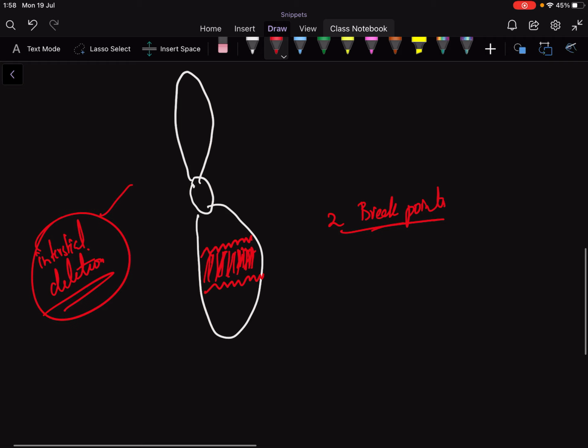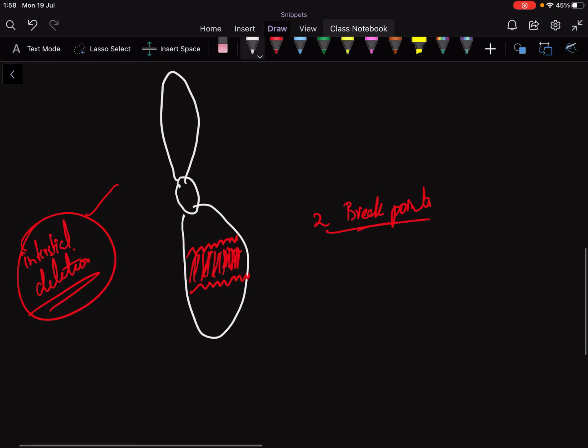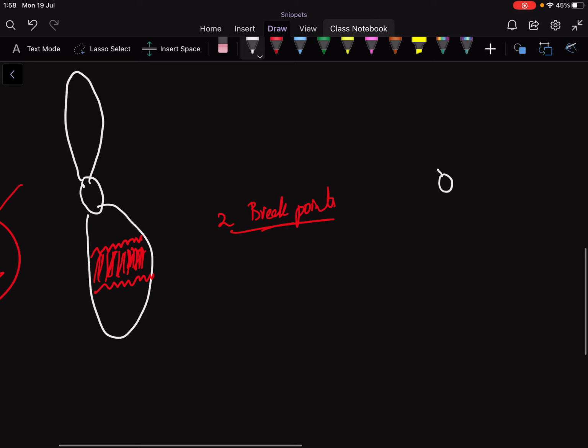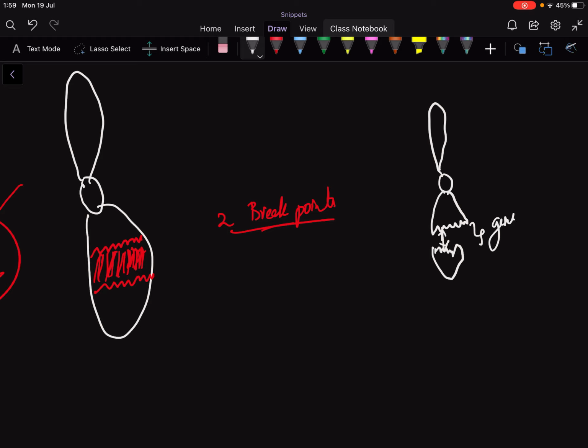And what will happen to this chromosome? It will eventually bind. Suppose here was the breakpoint, and here is the other breakpoint. The two breakpoints will fuse with each other, but the genetic material in between is lost.